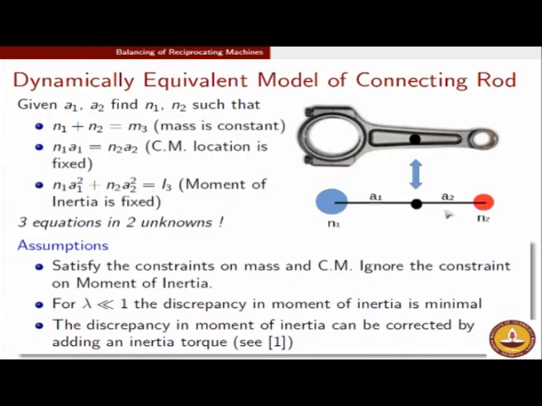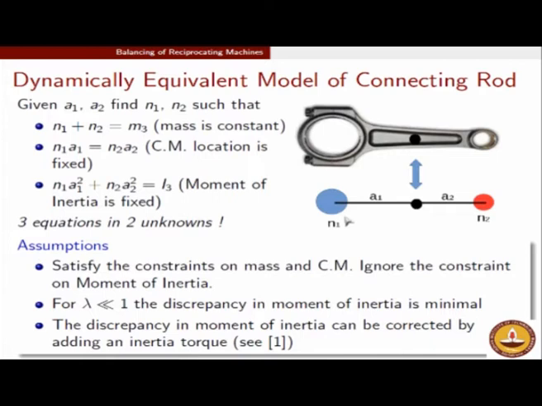But then A1, A2 is already known, because we want the ends of the connecting rod to be exactly the same. Because we want the connecting rod length to be the same as the simplified connecting rod, if we hold the lengths to be the same, then the lumping will happen exactly at the big end and the small end of the connecting rod. If the actual connecting rod and the simplified connecting rod have to be at the same length, then A1 and A2 will also get fixed.